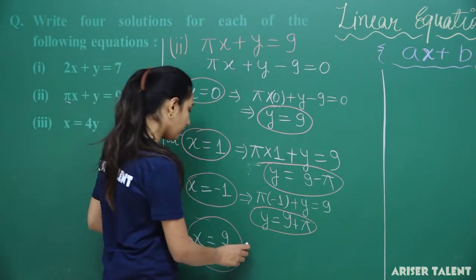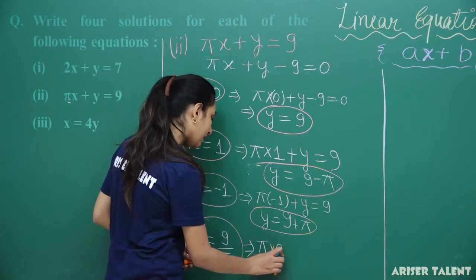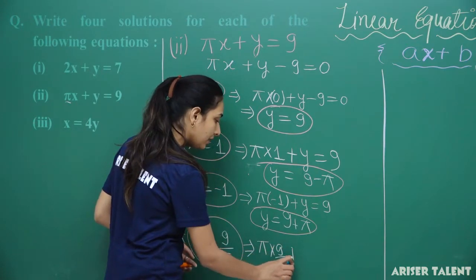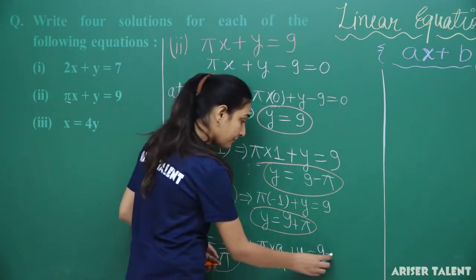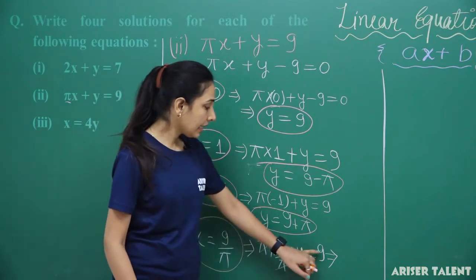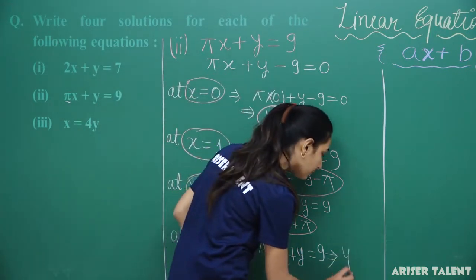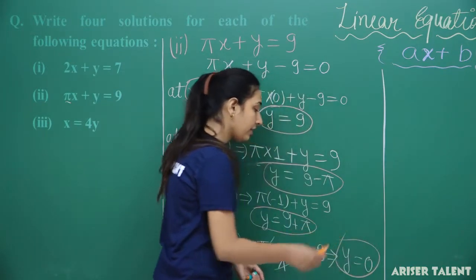So, that will give me pi multiplied by 9 by pi plus y equals to 9, right? And from here the pi cancels, 9 cancels, that means y equals to 0. Okay, so we can have y equals to 0 too.